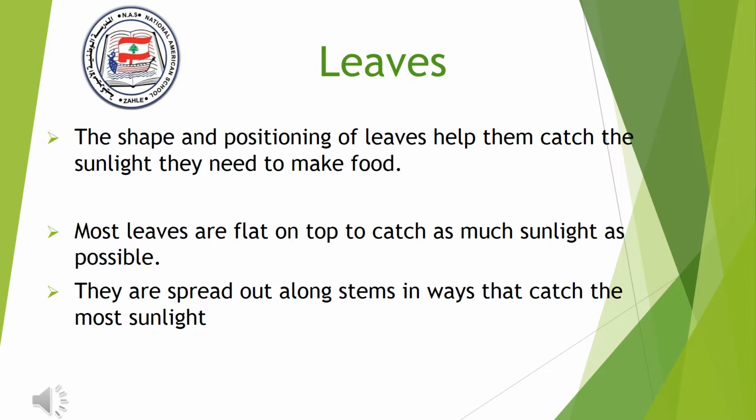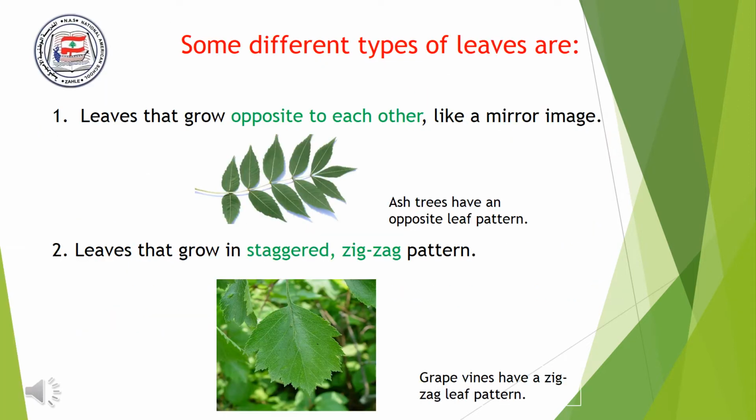The shape and positioning of leaves help them catch the sunlight they need to make food. Most leaves are flat on top to catch as much sunlight as possible. They are spread out along stems in ways that catch the most sunlight.